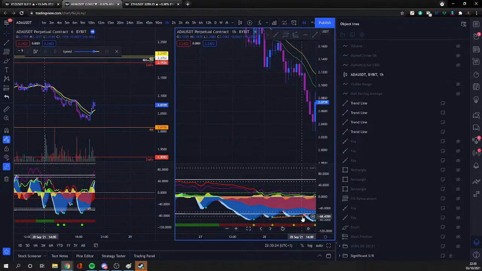I would probably say that that's an entry. You can clearly see the money curving. You would see that at this moment in time. You can see that there's a green dot just printed.